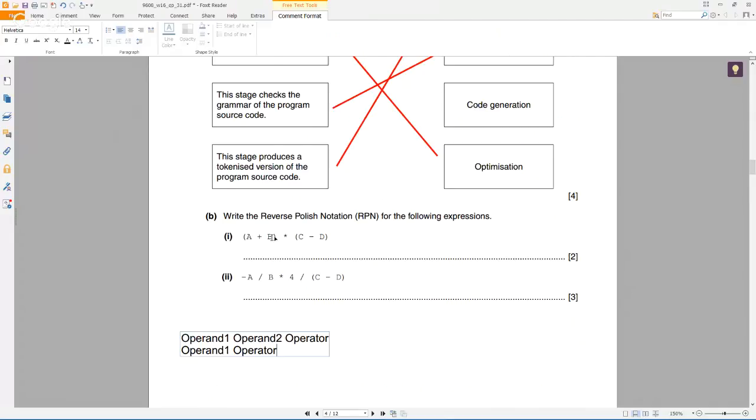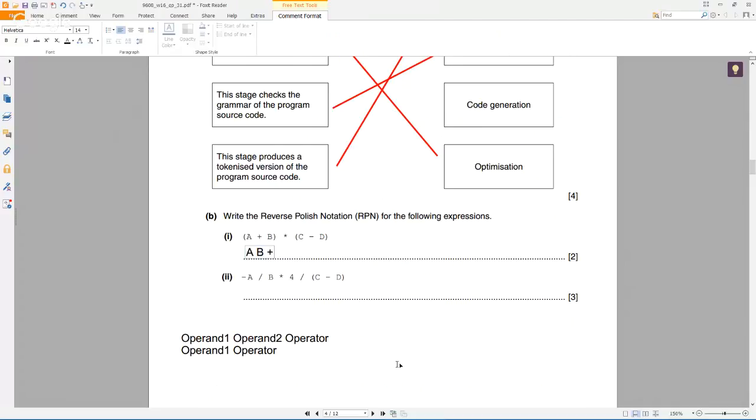We need to consider the operator precedence. What has the highest precedence in this case? Because we are using parentheses, a plus b needs to be done first. So how can we convert that? We put the operands first, a, b, and then we put plus.